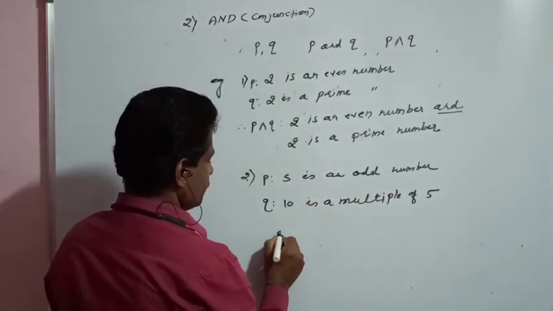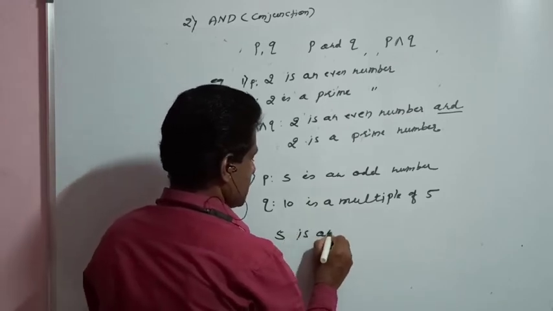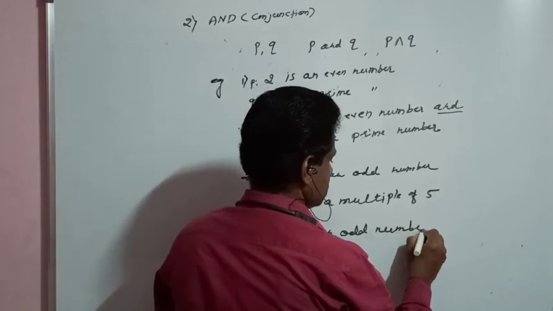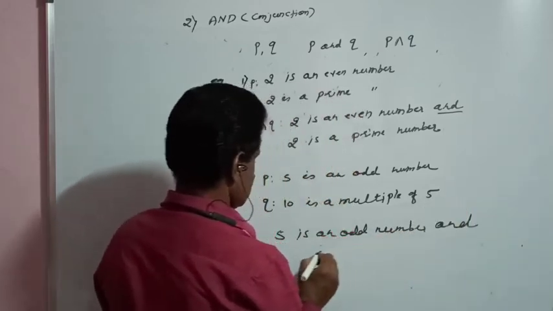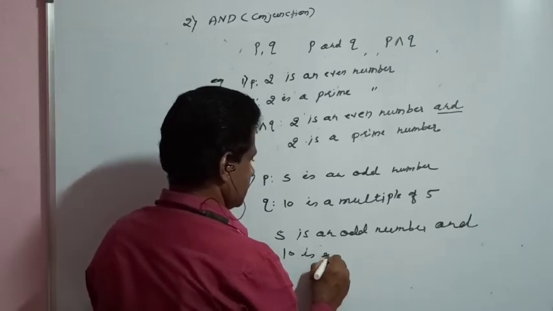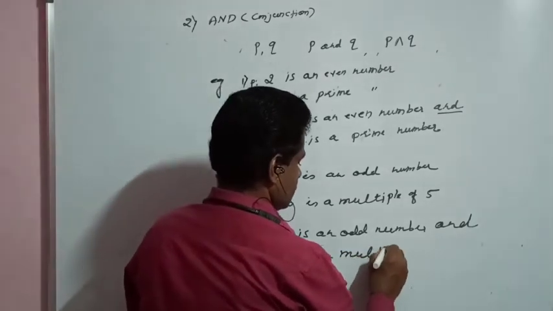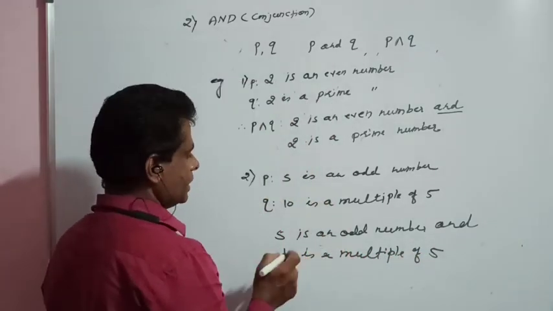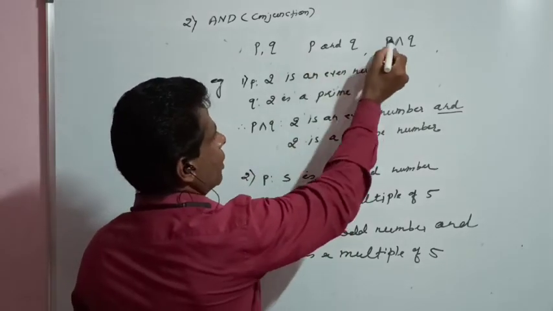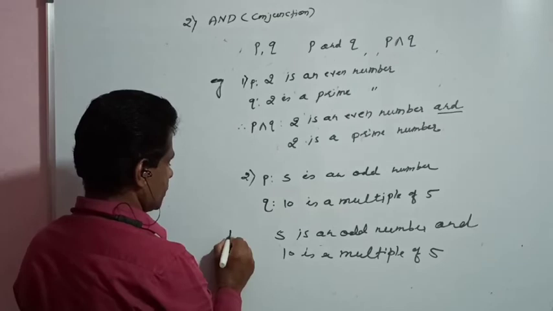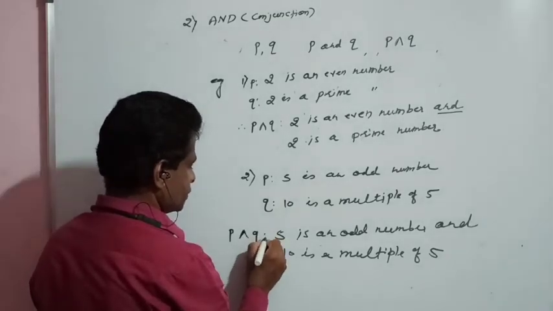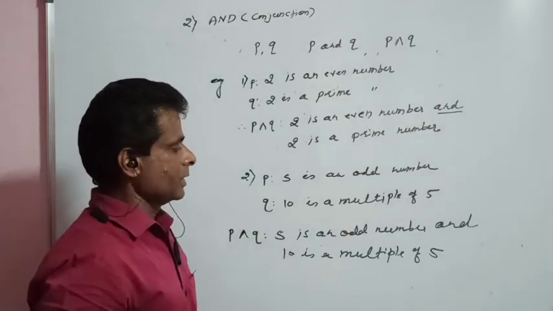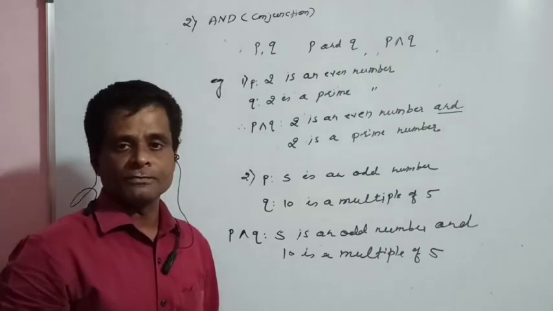Therefore, 5 is an odd number and 10 is a multiple of 5. How is it represented symbolically? P and Q or P conjunction Q. So here you have to write the symbolic representation P conjunction Q or P and Q. 5 is an odd number and 10 is a multiple of 5.